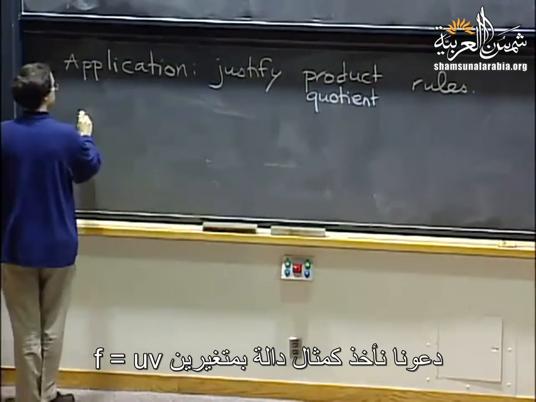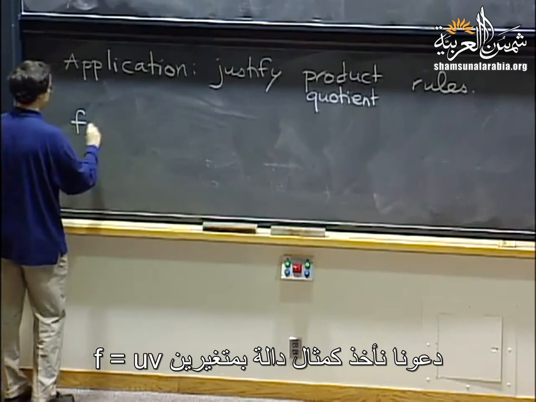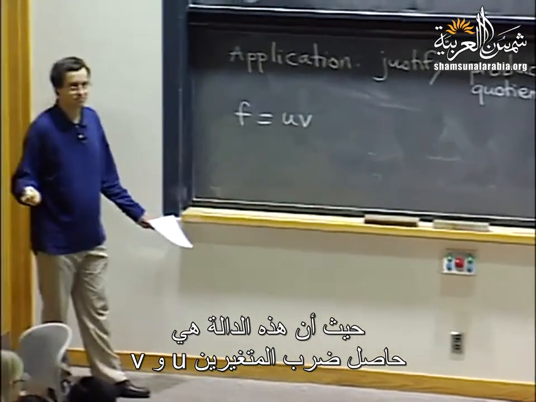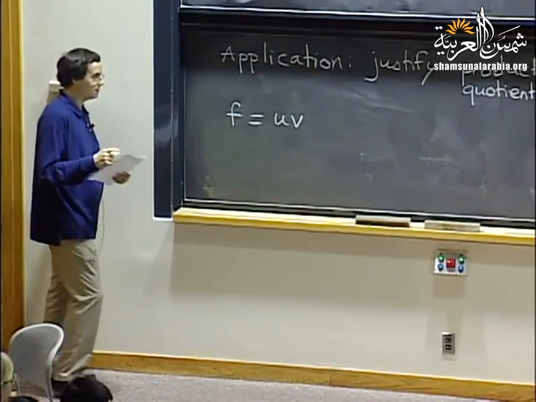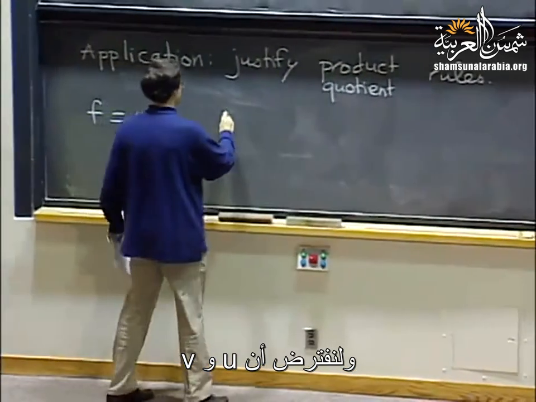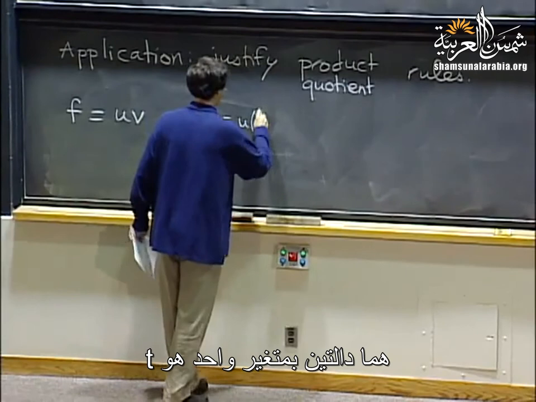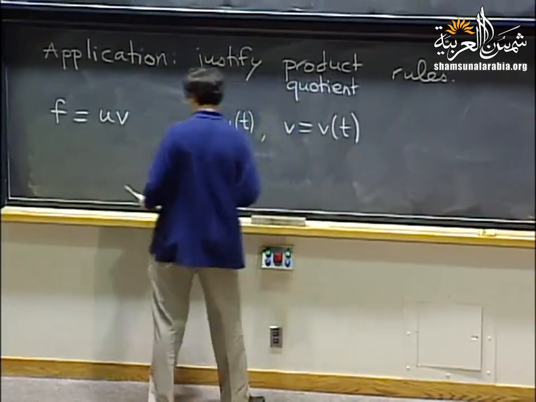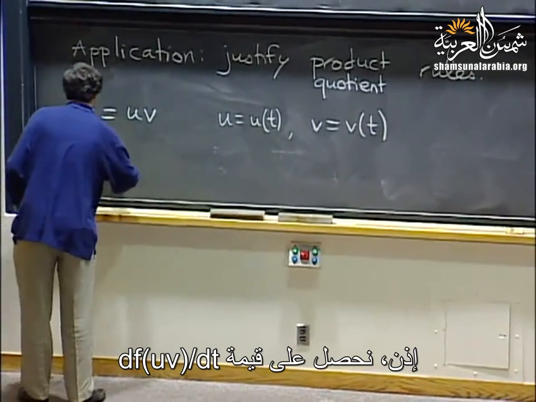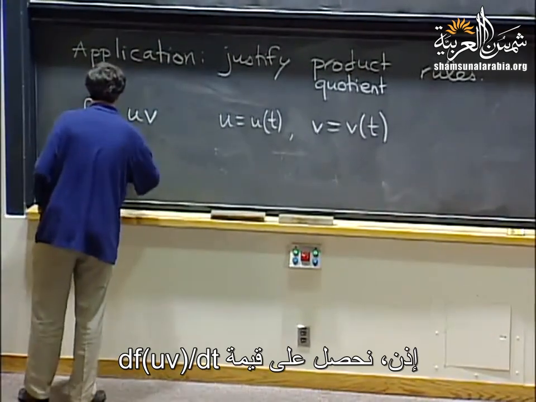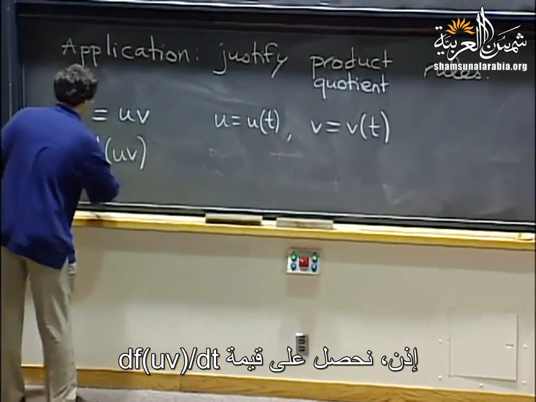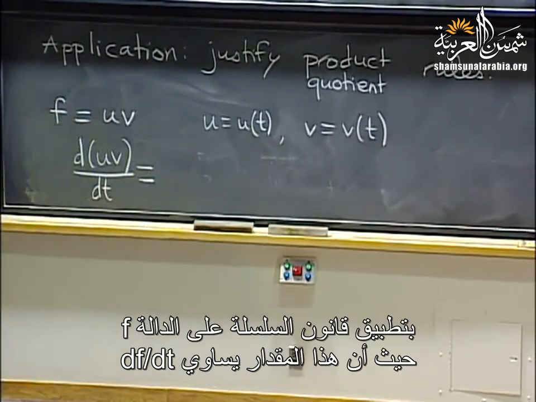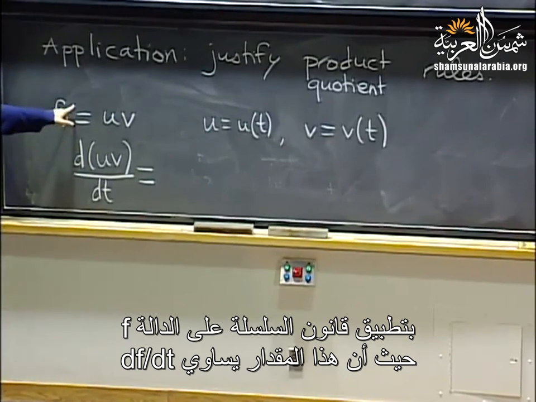Let's think of a function of two variables u and v that's just the product uv, and let's say that u and v are actually functions of one variable t. Then d of uv over dt, which is df dt, is given by the chain rule applied to f.